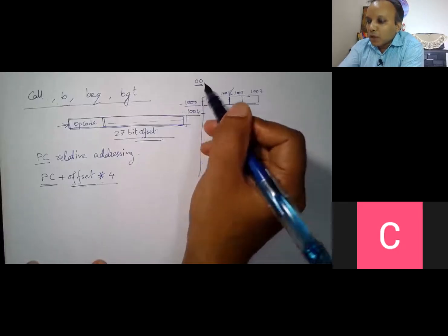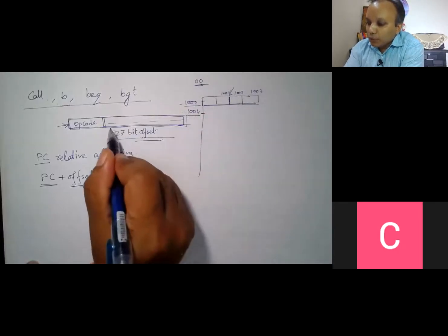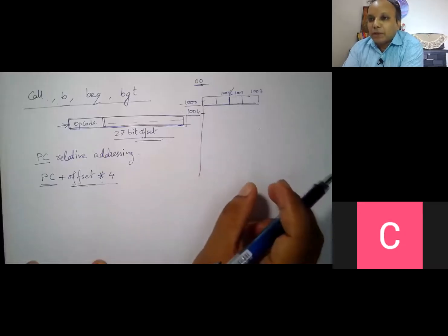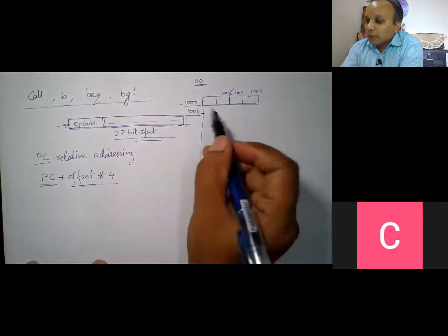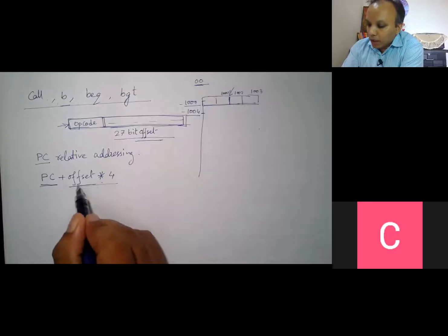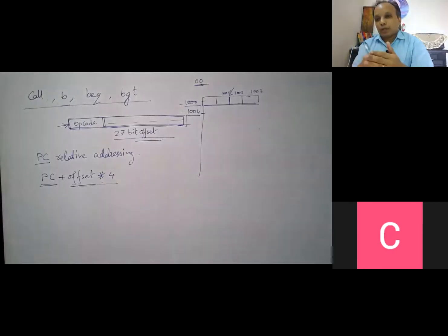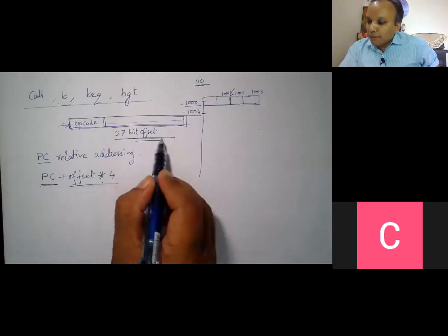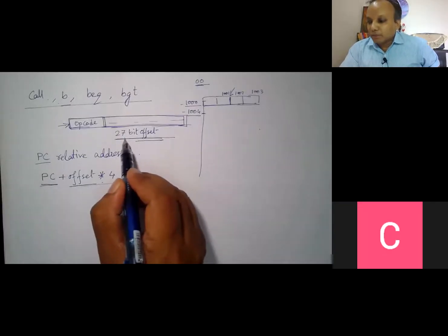All right. So since these least significant 2 bits are always 0, I can address a much larger space, at least 4 times larger, than what I usually could have done with 27 bits.